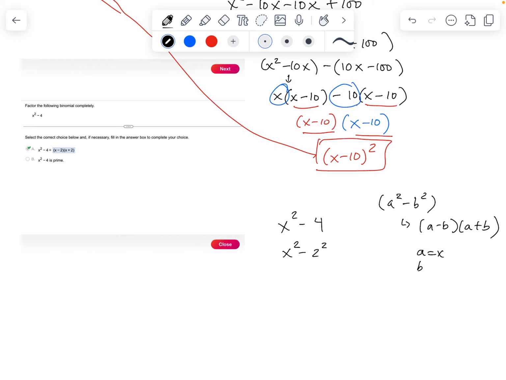Because 2 squared is equal to 4. That means that b is equal to 2. So we have a as x and b as 2. Then if we follow the formula, it's x minus 2 and x plus 2.